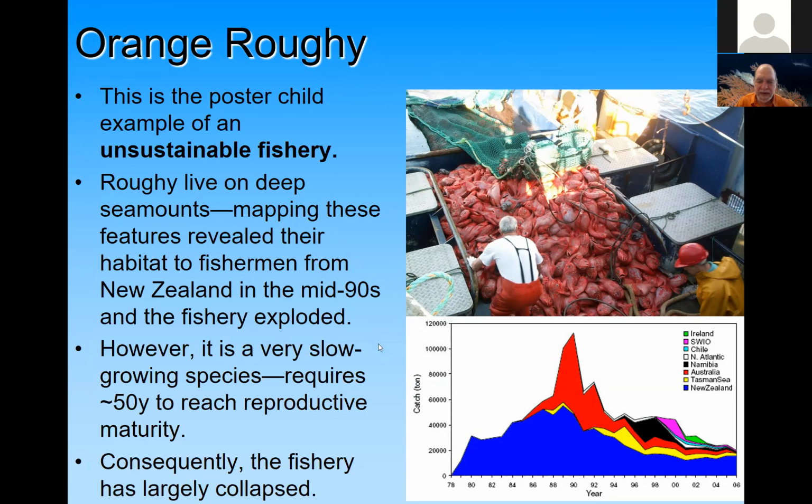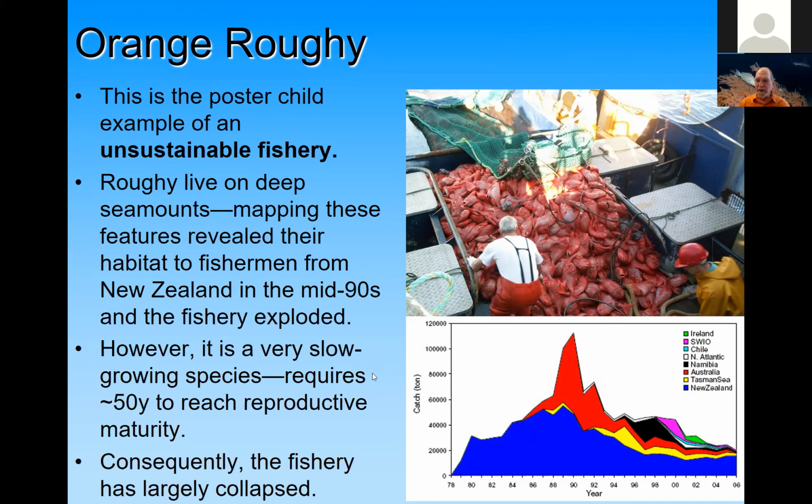But what happened in the mid-70s was that the countries of Australia and New Zealand made a very careful mapping of seamounts, and they located all the seamounts.